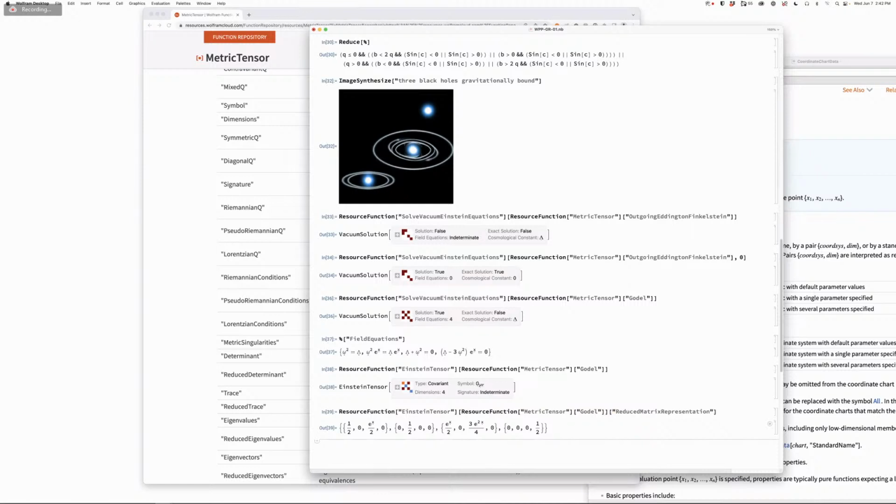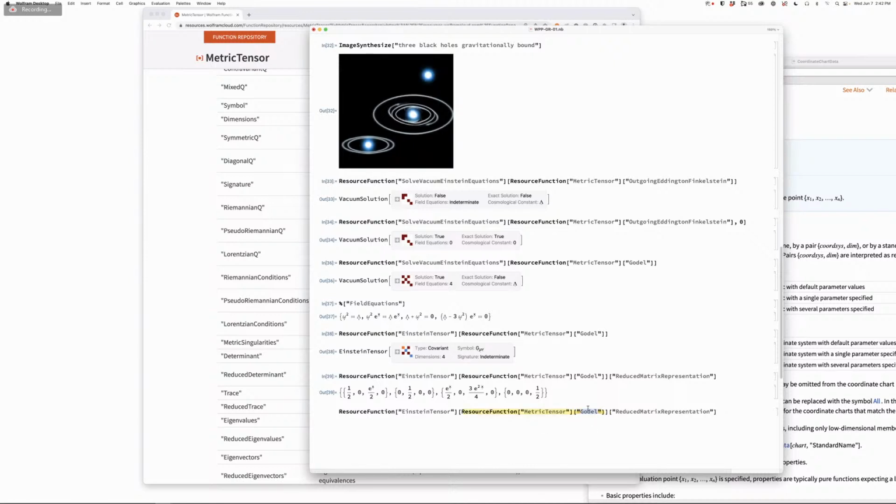So that's the Einstein tensor for the Gödel metric. And then you can set that equal to something, right? So you can say stress energy tensor. Oh, okay. So that should return a 0 matrix. Schwarzschild has a W. Yeah, so it does.